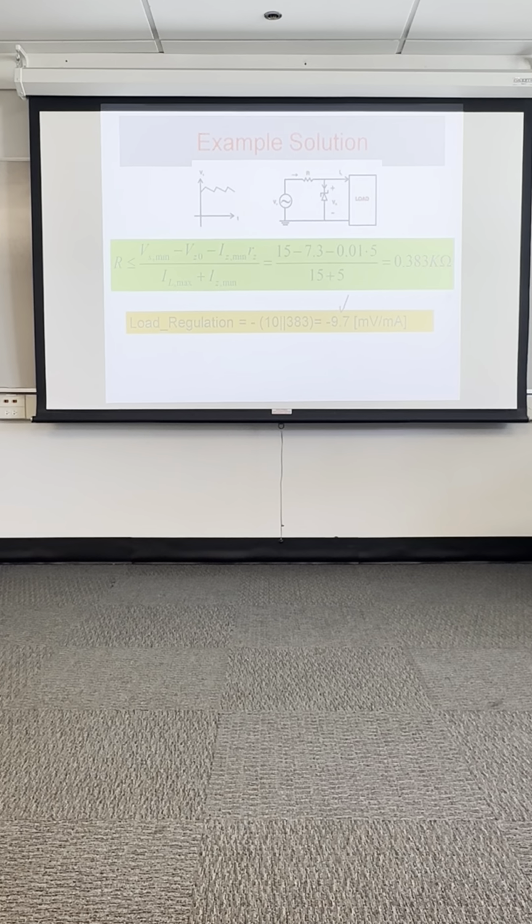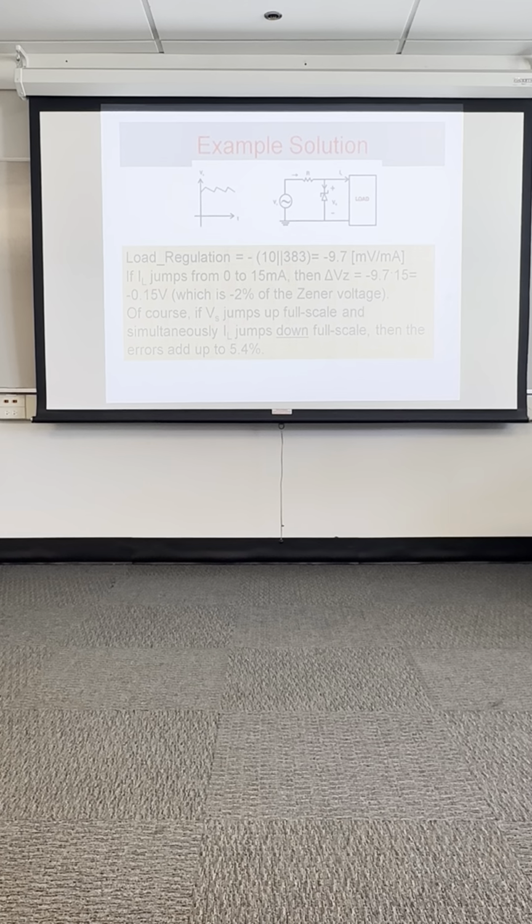To get an idea if this is an acceptable number, of course your next step is just to get your calculator and make a simple calculation. So here's our load regulation, minus 9.7 millivolts per milliamp.